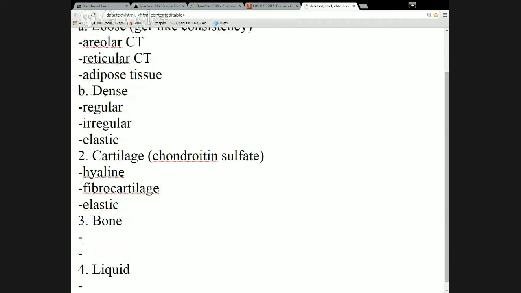There are 2 types of bone. There's compact bone and spongy bone. Now, just like cartilage is known for having a very rubbery consistency from chondroitin sulfate and similar molecules, bone is known for having a very hard consistency because of calcium phosphate crystals.